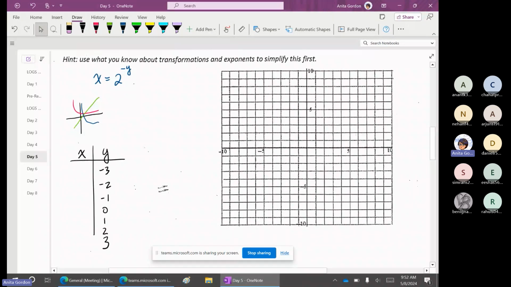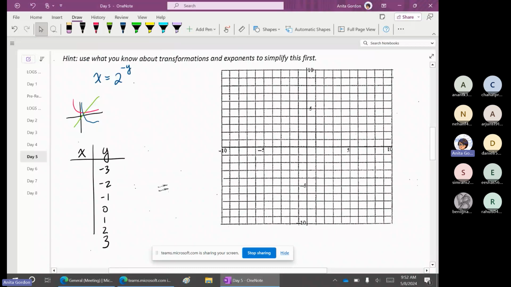The reason I'm starting with the y instead of the x is because y is now my exponent instead of x being my exponent, and essentially I'm working backwards. To find x, I say 2 to the power of -3. So this gives me 8, 4, 2, 1, 1 over 2, 1 over 4, and 1 over 8.